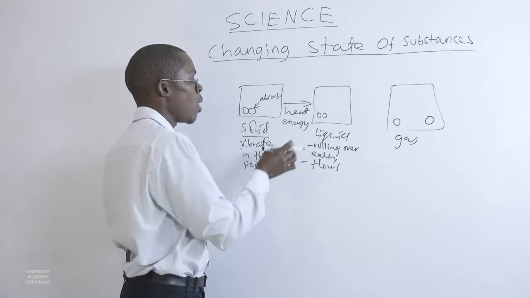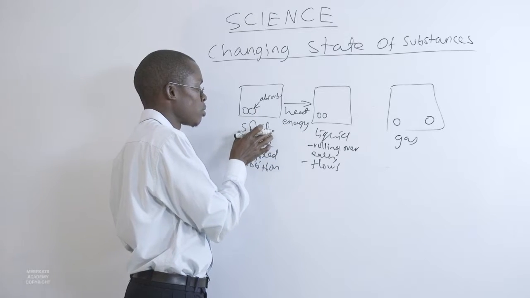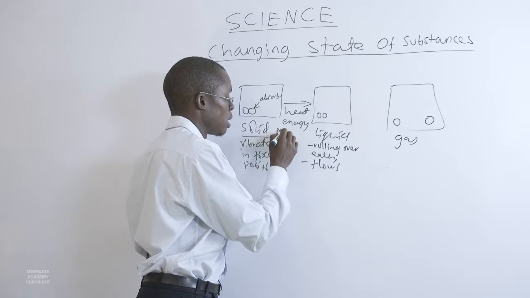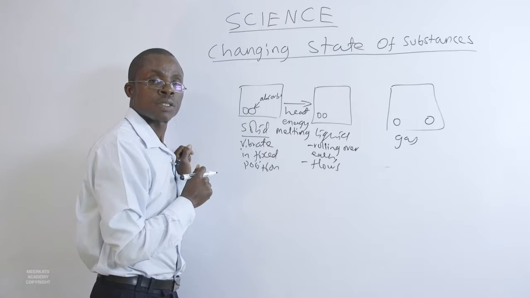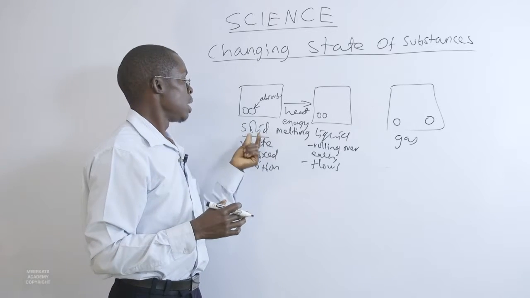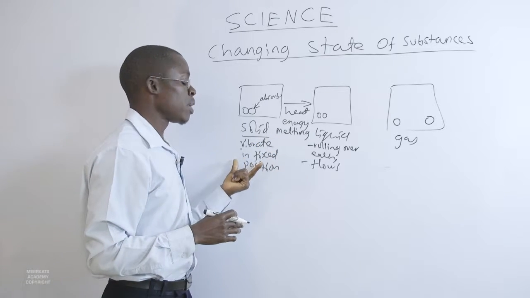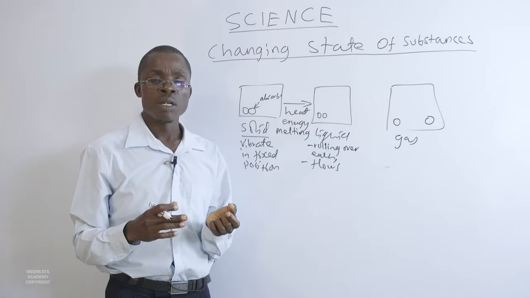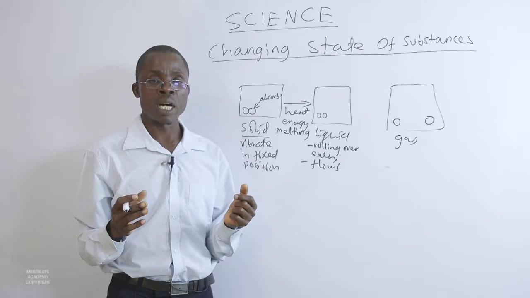So how do we call that process of changing from solid to liquid? The process is called melting. And how do you achieve melting? Melting is achieved by heating the particles in a solid. They start vibrating much more strongly, and by vibrating much more strongly, the particles break off from each other.